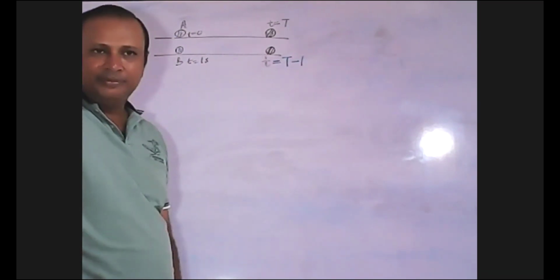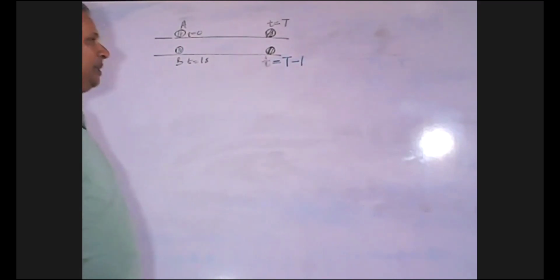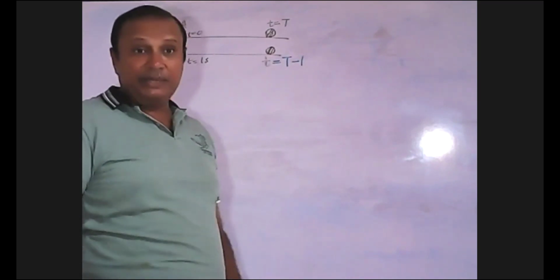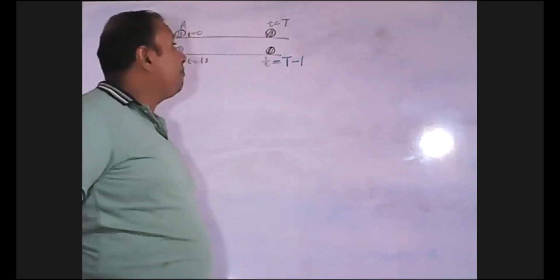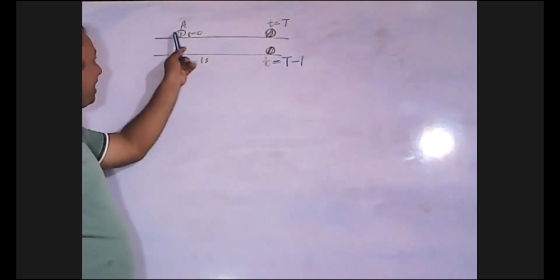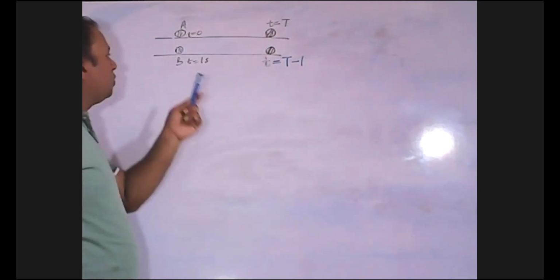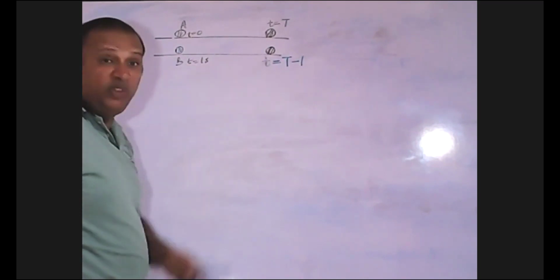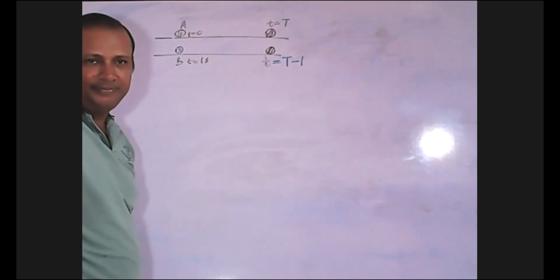Therefore, the distance traveled by A within time capital T should be equal to the distance traveled by B within time capital T minus 1.